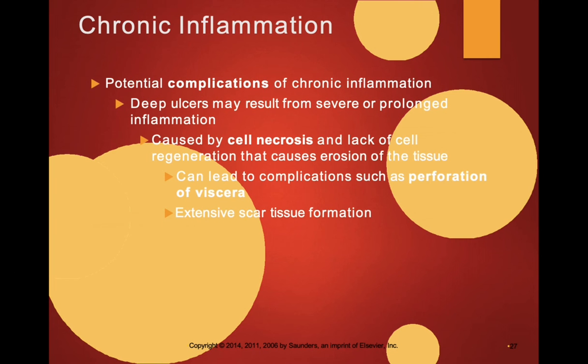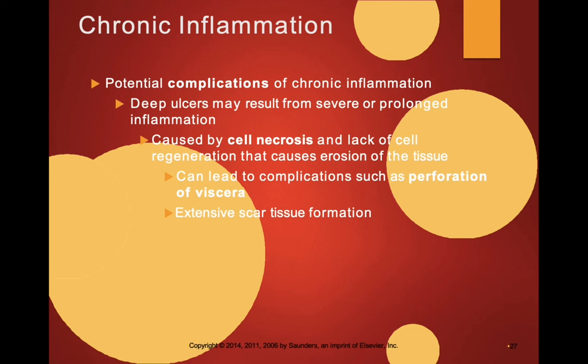Deep ulcers can result from severe prolonged inflammation, and this is caused by cell necrosis, right? It's caused by cell necrosis and the lack of cell regeneration that causes the erosion of the tissues. It can lead to complications such as perforation of the viscera, right?